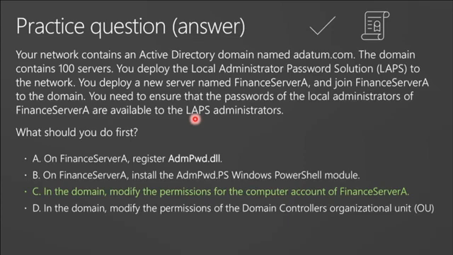So this computer should have the ability to write in Active Directory to modify the value of the new password there. That's the basic idea. It's not so complicated, but it's a bit confusing sometimes. You are installing the PowerShell module for this, but you are not installing LAPS on this machine. This machine is just a client for this service.